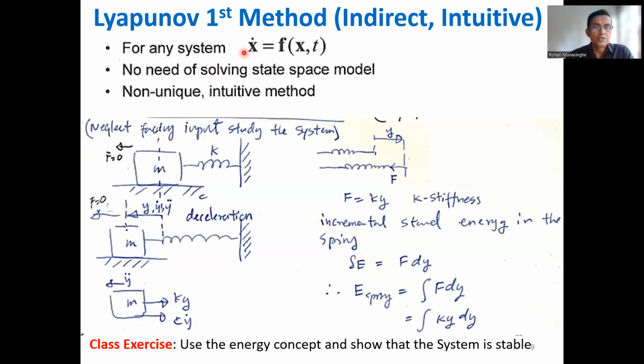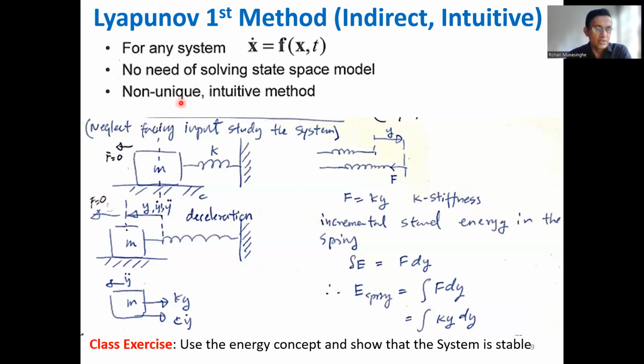So this is our system equation, x dot equals function of x and t. So you can have any plant, right? Doesn't have to be linear all the time, right? And there's no need of solving state space model like in previous case. You had to solve the state space model, okay, like the determinant of si minus a and so on, right? Very methodical. And this method is non-unique.